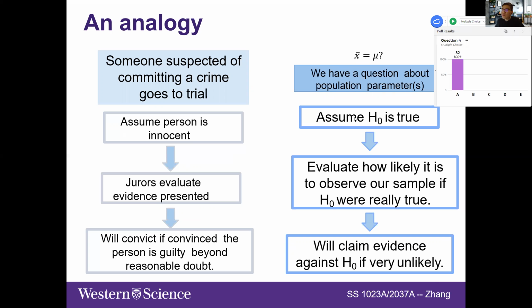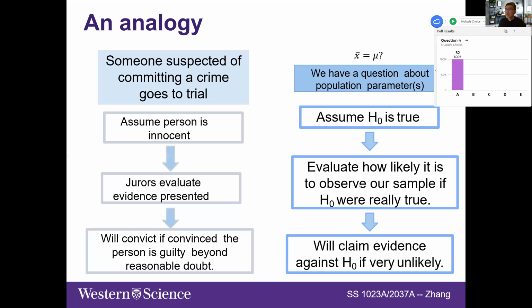Based on our initial research question, we can formulate the null hypothesis and the alternative hypothesis, and at the first step we just assume the null is true. Then we evaluate, in the situation where it is true, what's the probability we observe our current data. If the probability is so small, then we should believe that our initial assumption is probably wrong.